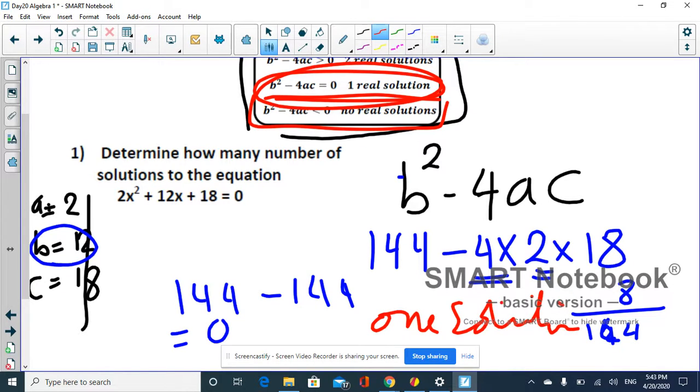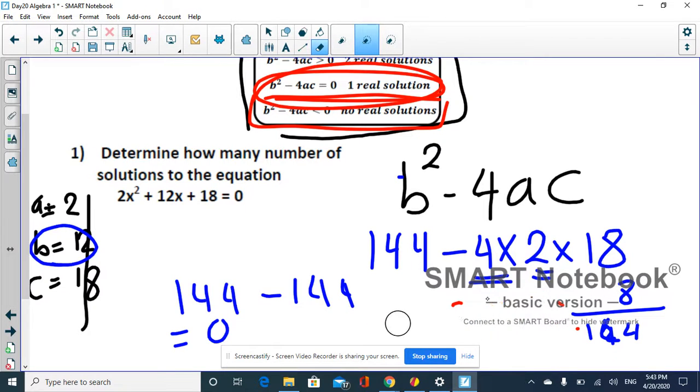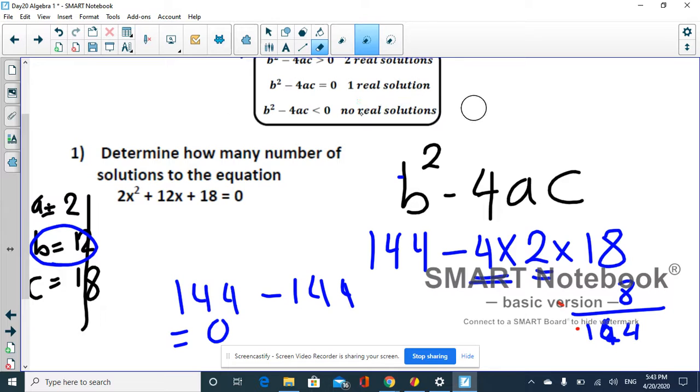So to find how many solutions, you can use b squared minus 4ac. If you got a positive number, that means you have two solutions. If you got 0, that means you have one solution. A negative number, you don't have any real solutions. If you need any help, let me know.